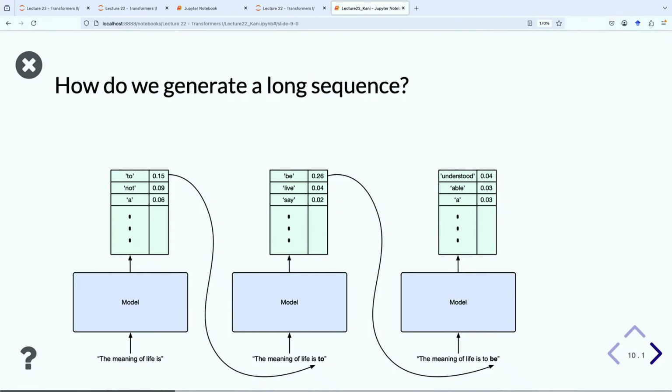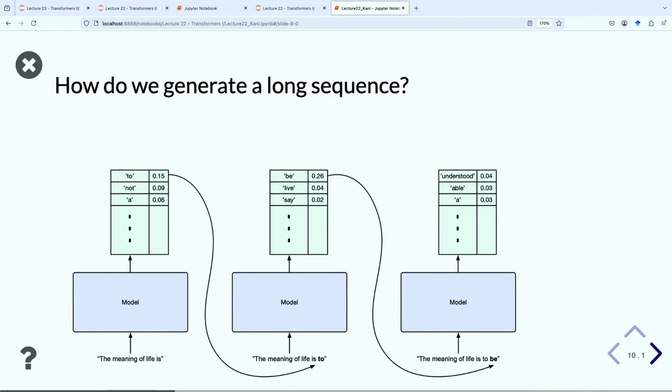"Be" seems very probable. "Live" also might make sense, but we're going to go with "be" because it's the most probable. So we'll say "the meaning of life is to be", and put it into the model. Then we look for the tokens the model thinks could come after this. It thinks "understood" could come after that. Very close behind, it thinks "able" could come after that.